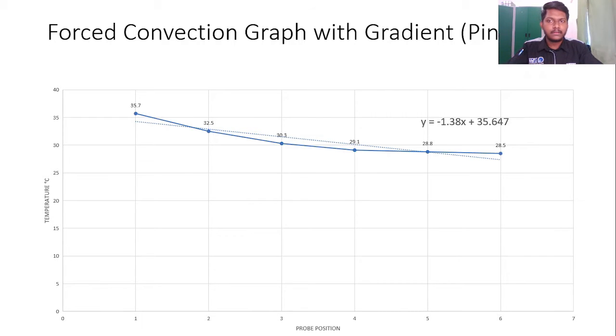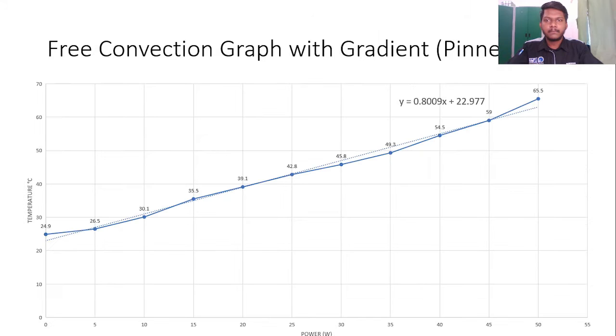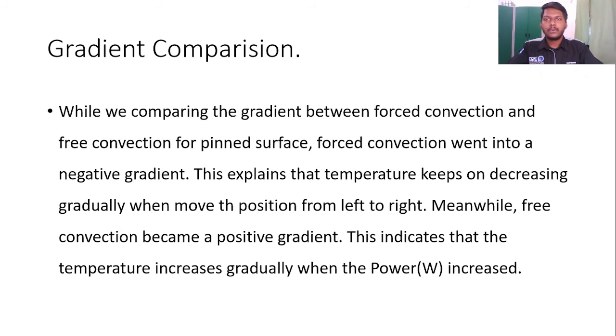So this is the gradient: y equals negative 1.38x plus 35.647. And this is the free convection graph with gradient for pin: y equals 0.8009x plus 22.977.